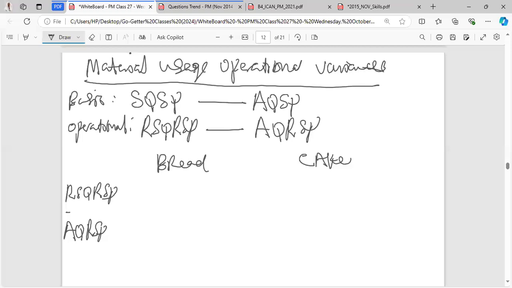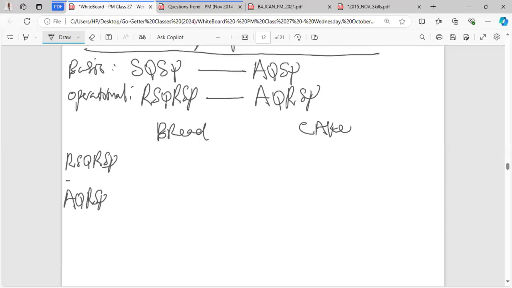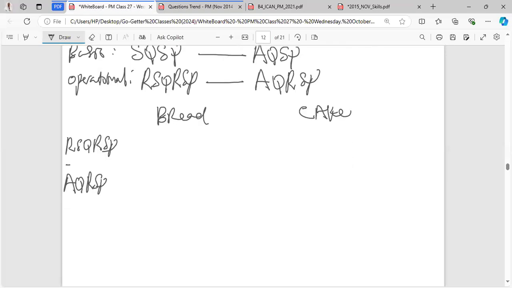Revised standard quantity for bread. Bread didn't change its quantity. So here it's still 2 kg. Revised standard quantity multiplied by 240,000 units. Revised standard price. Somebody has helped us to say it is 236.